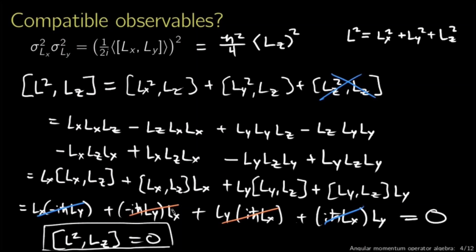It means that we don't have a generalized uncertainty relation between Lz and L squared, which means I can simultaneously determine both L squared and Lz. That means I can hope to find states that are both eigenstates of L squared and Lz. And that's really what we want.